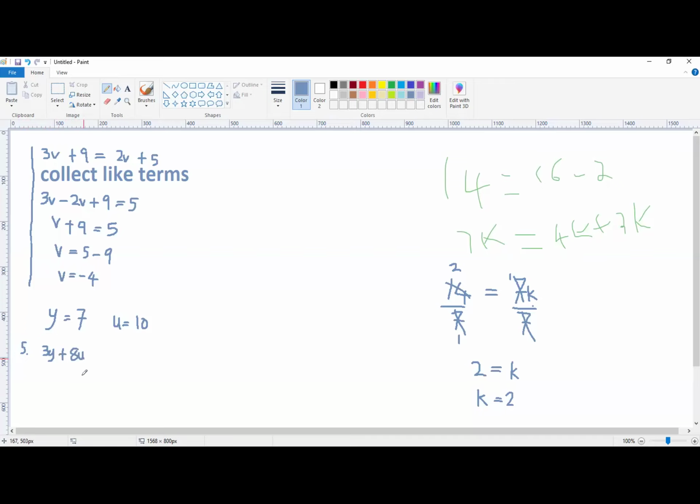Remember, anywhere we see y, we put 7, and anywhere you see u, you put 10. So that's going to leave me with 3 times y, which is 3 times 7, isn't it? Plus 8 times 10.